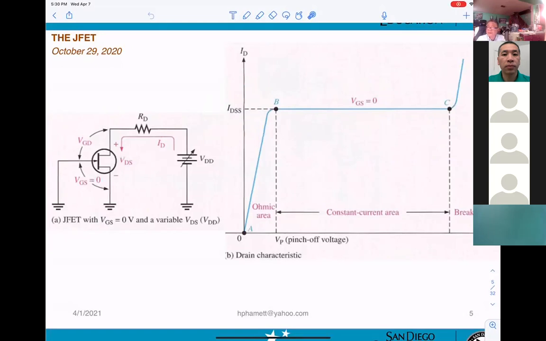So the JFET will work in this area, okay? They will have a constant current, and that current equals IDSS. It starts from VP up to the breakdown, okay?